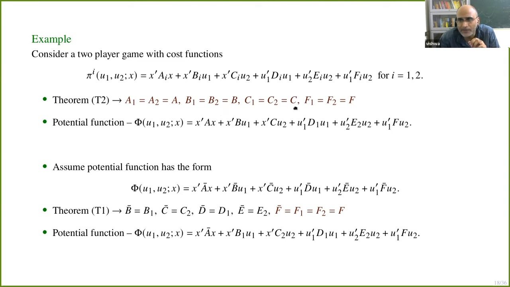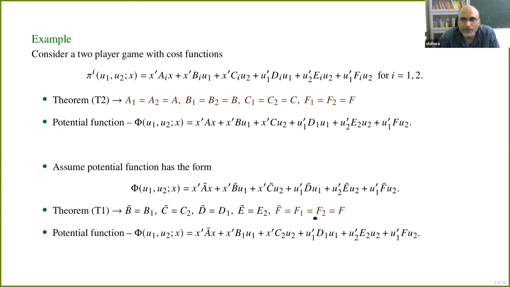So these are game parameters. Then, of course, I can get the following potential function. But if I already know that I fix my class of potential functions to be quadratic and of this form, then if I use Theorem 1, there are no restrictions on the game parameters.